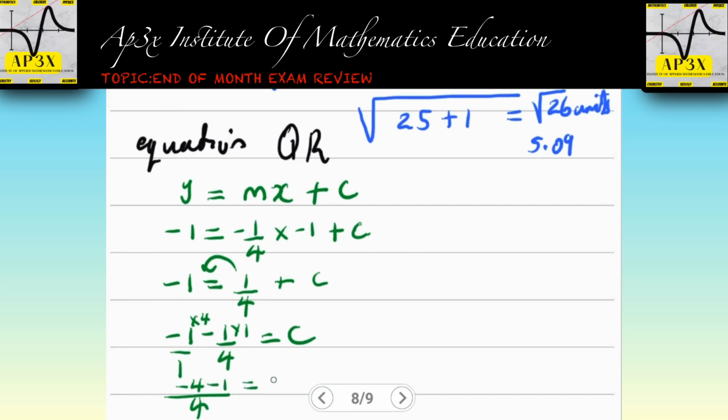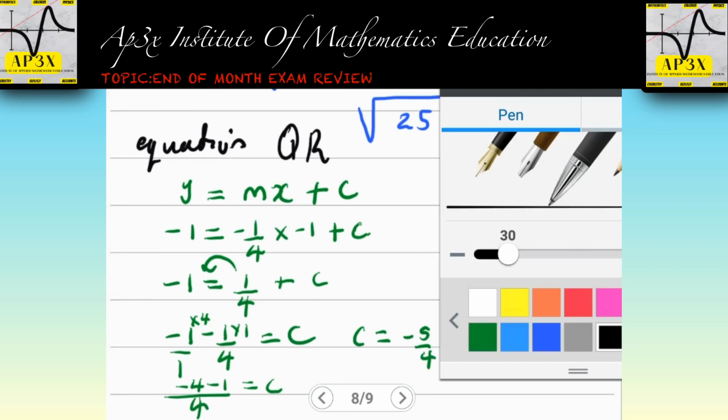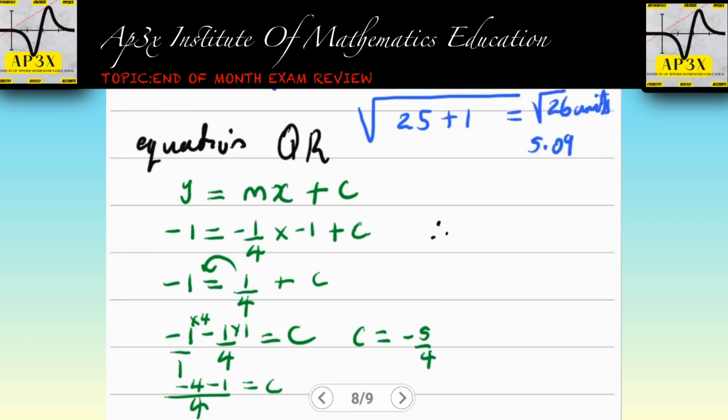So we end up with c equal to negative 5 over 4. Now that we have the value of c, we can conclude that our equation is y equals negative a quarter x minus 5 over 4, and this is writing it in its general form. We can write it in its standard form in a future tutorial.